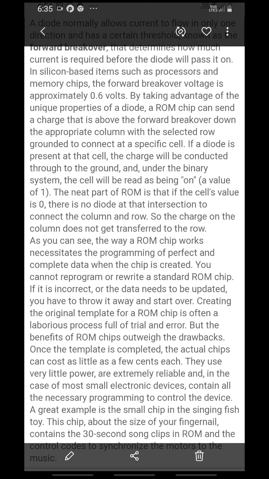In silicon-based items such as processor and memory chips, the forward breakover voltage is approximately 0.6 volts.